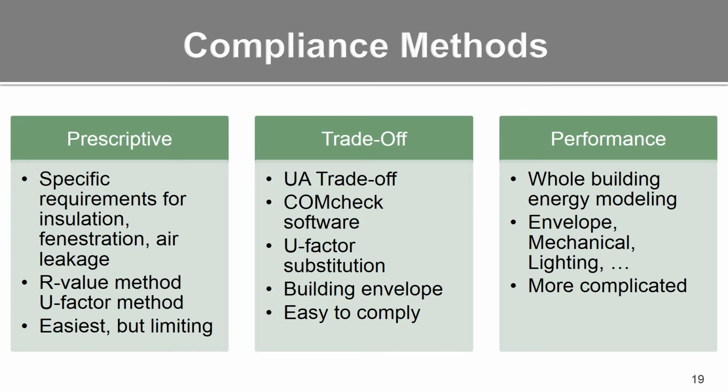The prescriptive method is the easiest to comply with because it basically outlines what a building needs to do as far as the building envelope. So it sets specific requirements for insulation, windows, doors, and skylights. It does include prescriptive air leakage provisions.